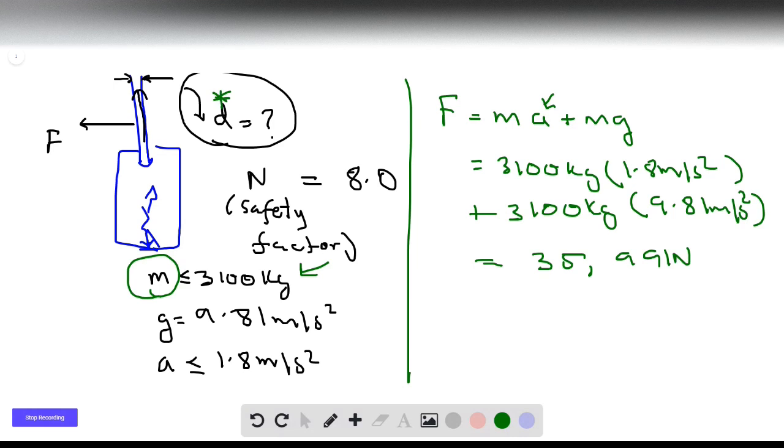We know that the stress on the cable is, if you can recall, stress is usually force per unit area, but on this one it has a different dimension. So it's 4F all over pi d squared, where the symbol for stress is sigma.